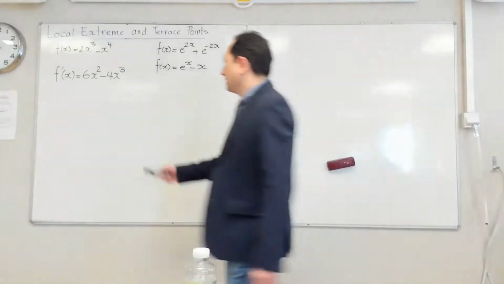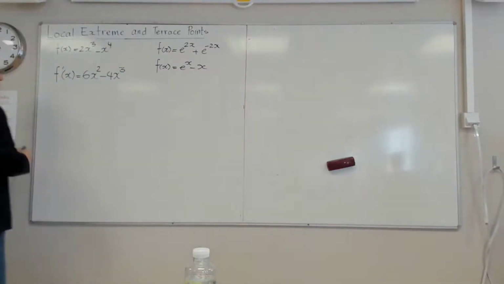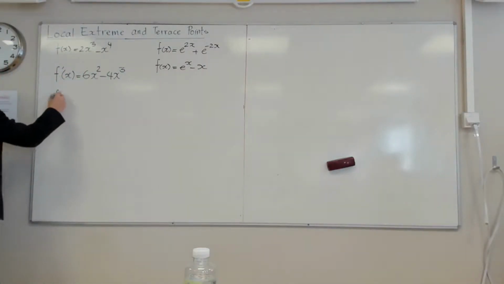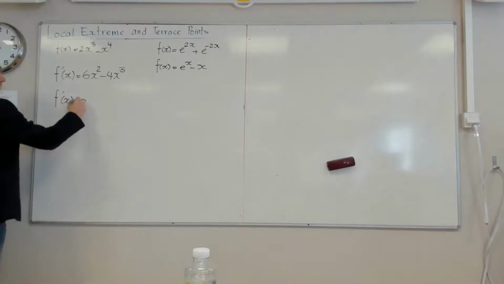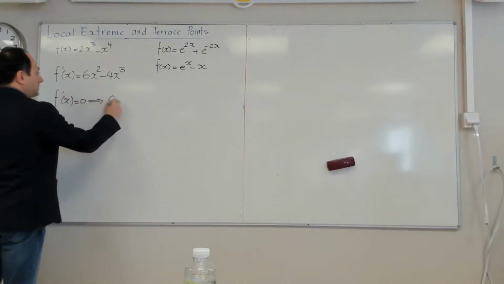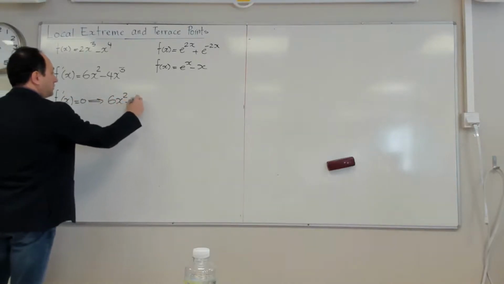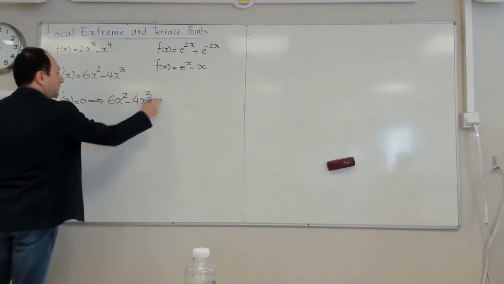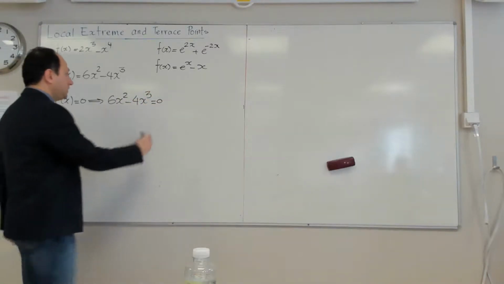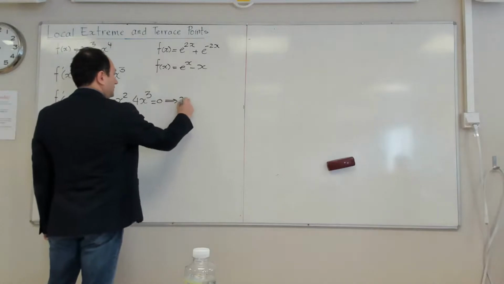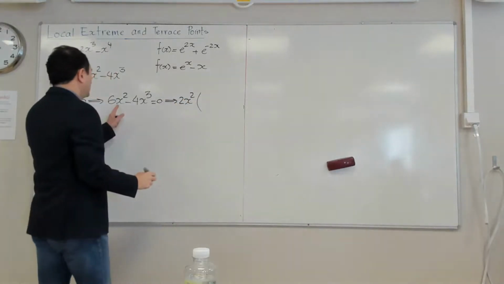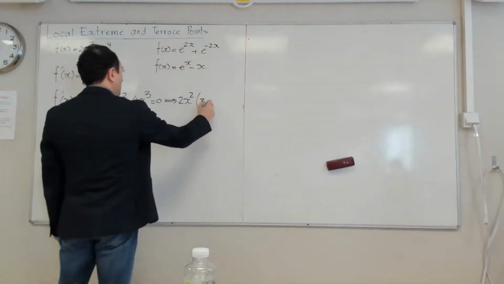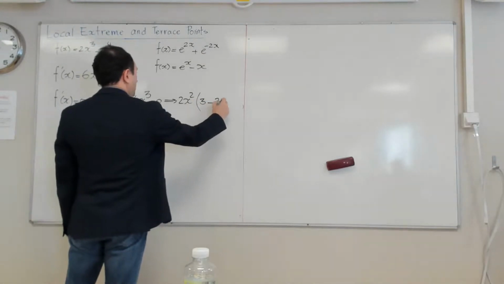Why is that the case? Because I'm supposed to put this equal to 0. And then what happens is that I have 6x squared minus 4x cubed equal to 0. Then I factor a 2x squared out. Then this becomes 3, and then minus 2x.